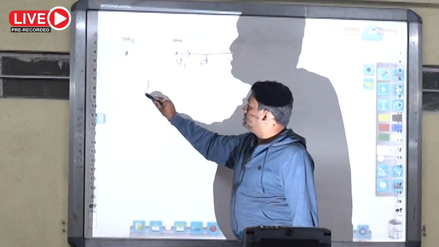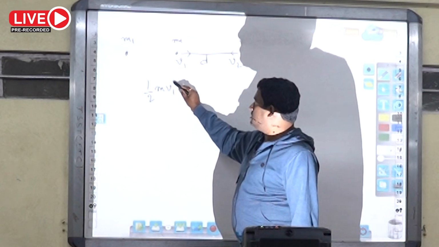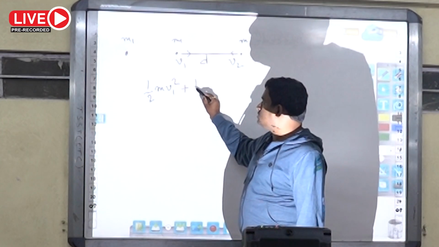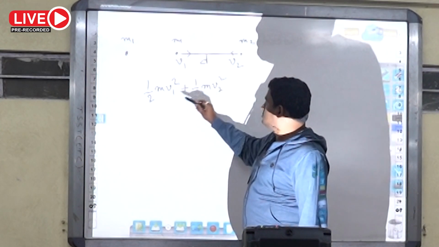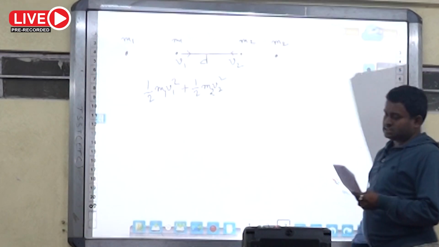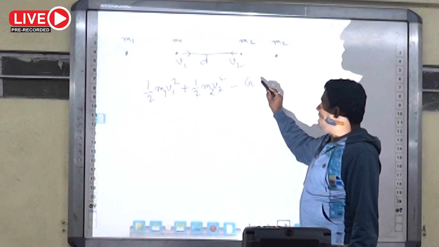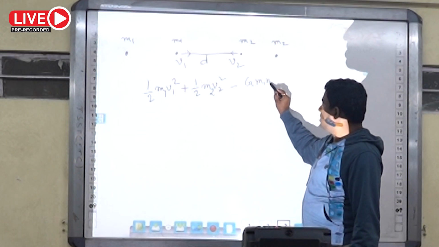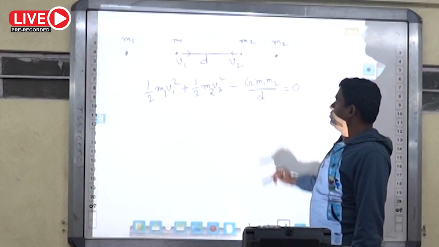So at this position the kinetic energy of the system is half m1 v1 square plus half m2 v2 square, minus G m1 m2 by d, that is 0.